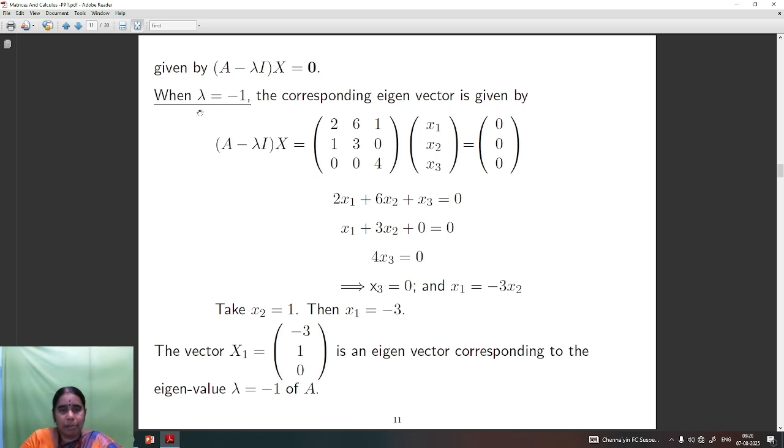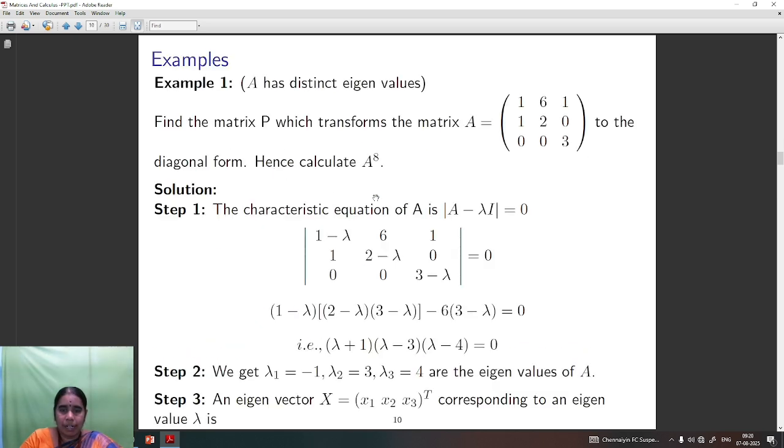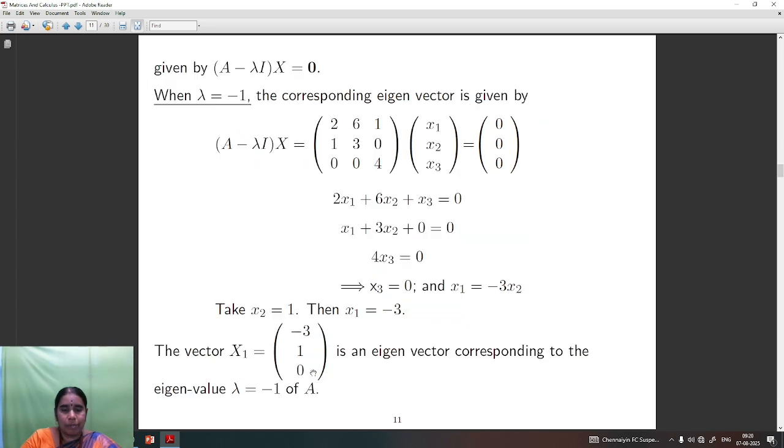By putting lambda equal to minus 1, we have (A minus lambda I) into x equal to 0. We have the given matrix A as 1, 2, 3 on the diagonal. Now we are subtracting lambda, so it becomes 2 here. On subtracting the lambda value from the diagonal elements, we have A minus lambda I, that into x equal to 0.